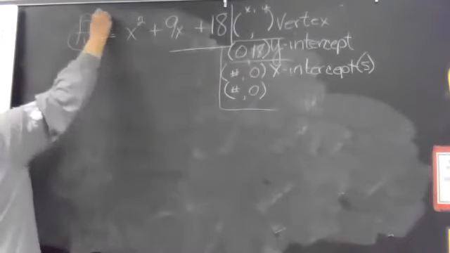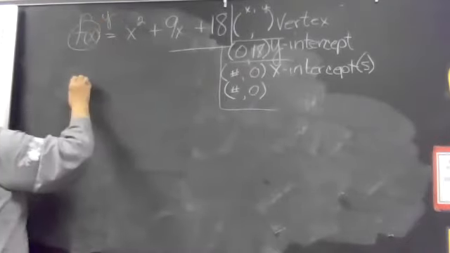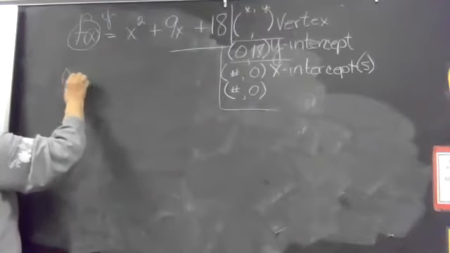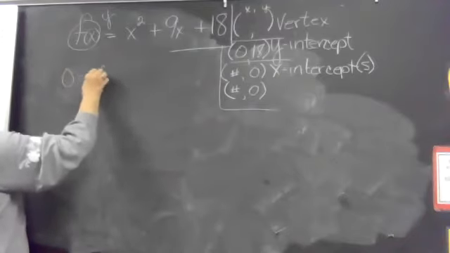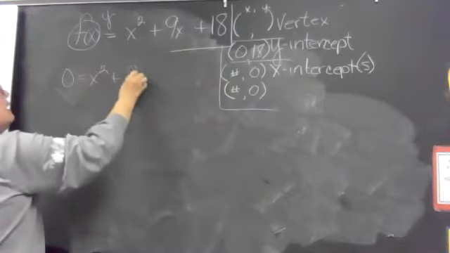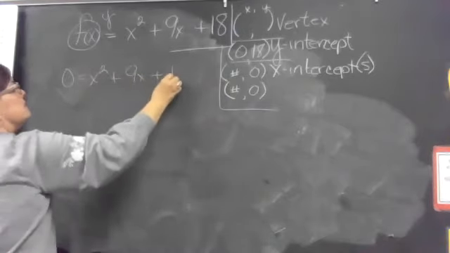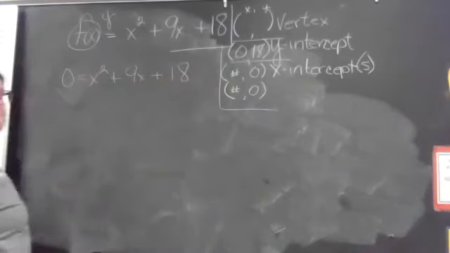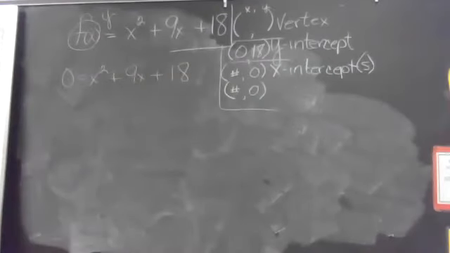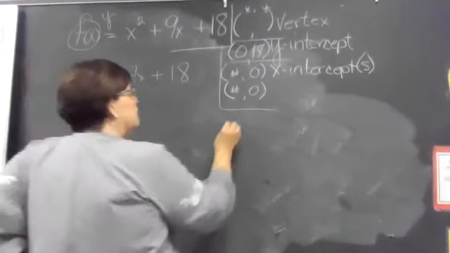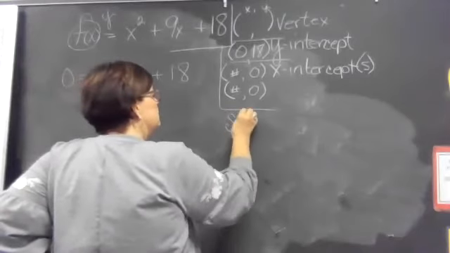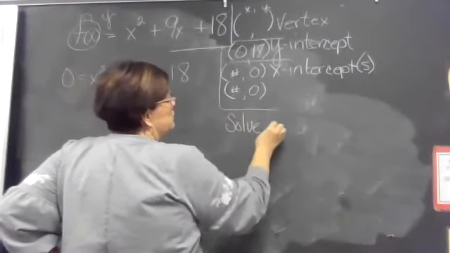Remember that this is y. So now we have 0 equals x squared plus 9x plus 18. And this takes us to solving equations. There are 3 ways to solve a quadratic.